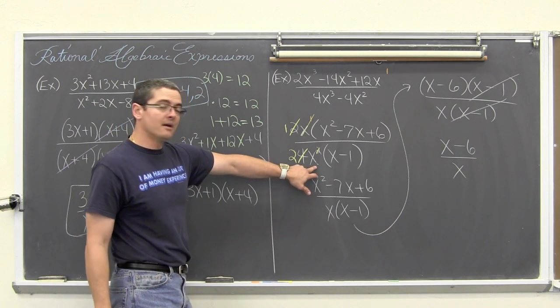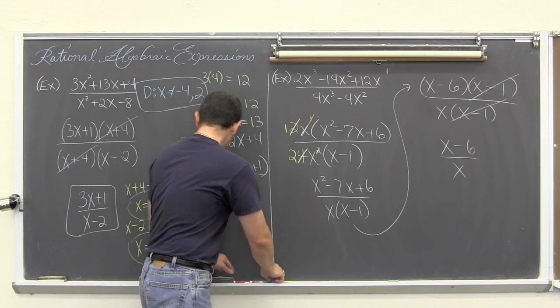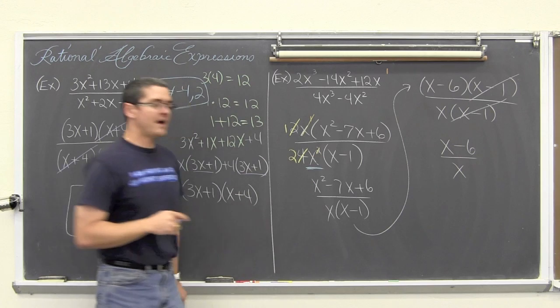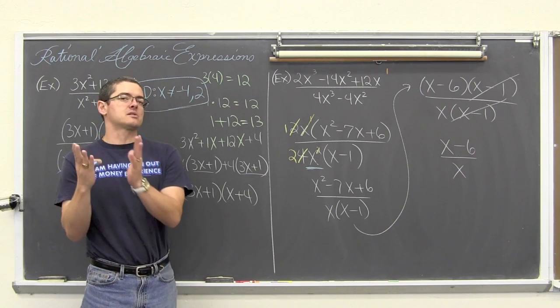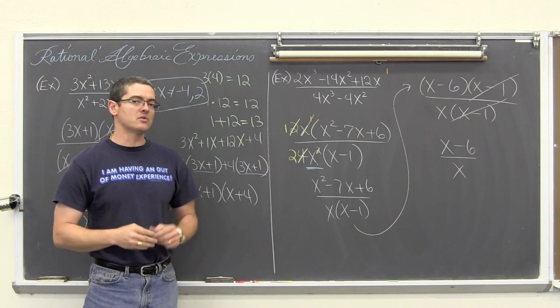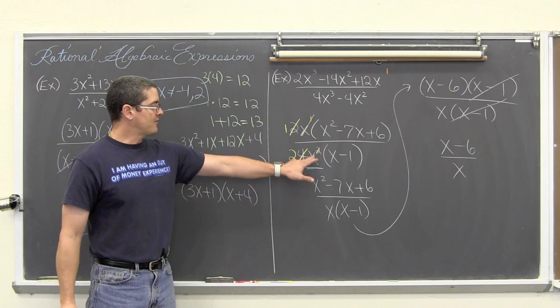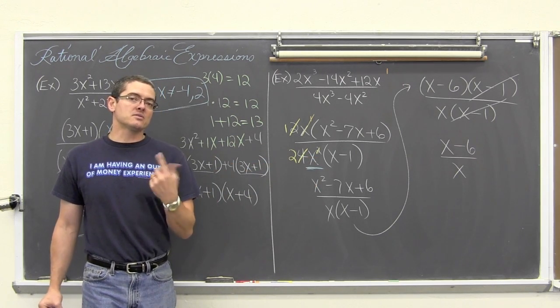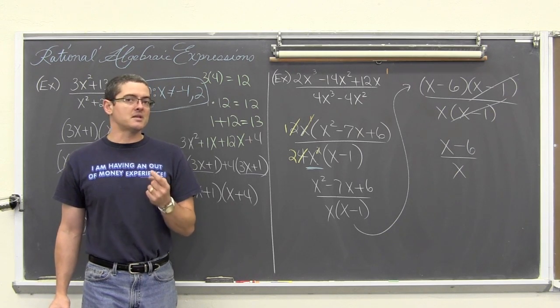Now when I look up here, getting back to domain again, if this factor right there, which is just simply x squared, or x after it reduced, but the original x squared, if that factor equals 0, then the entire denominator is going to equal 0, and you can't divide by 0.